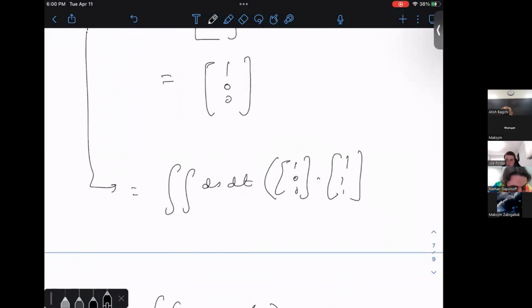So there is somewhere I've made a mistake, which I don't quite understand, because the integral with ds dt of this one is definitely the area, there's no doubt about that. But I don't remember how I got the square root of 3 last time. It was the area of the triangle.